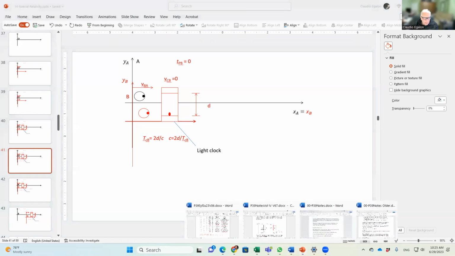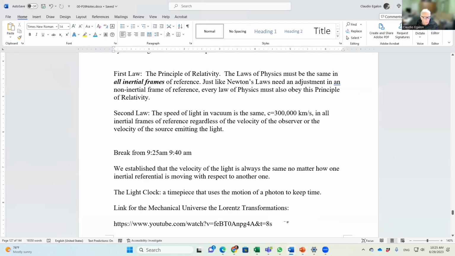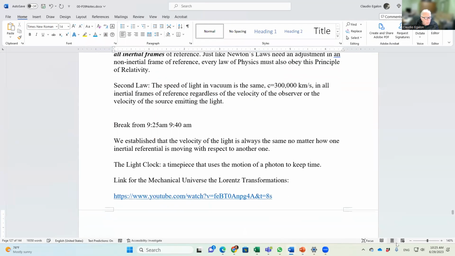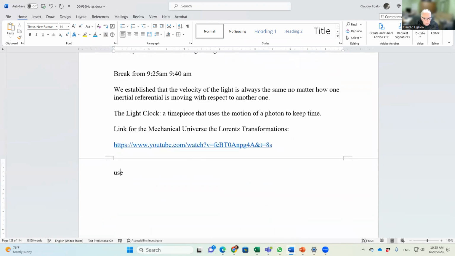Okay, I'm going to write down the notes as well. Use the light clock to find how time behaves with respect to two different referentials.